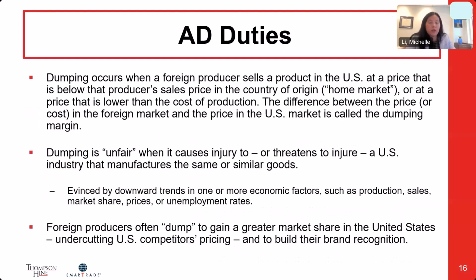So I would like to first introduce what AD duties means, what dumping at less than fair value means. In my example, I did not address this scenario, but if we take my baby shop example, that's where the foreign company is selling at unreasonably cheap prices, even lower than the foreign company sells in its own home market, the foreign country where it manufactures the products, or below the prices where they sell in a third country, where they sell more than 5% of their products.